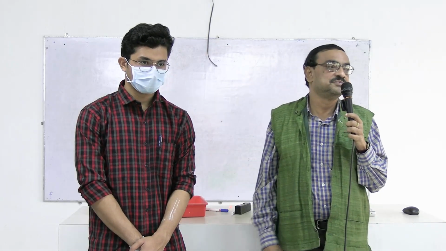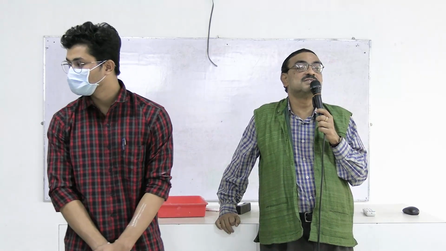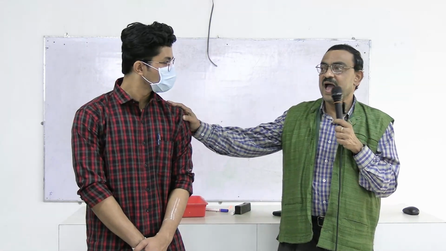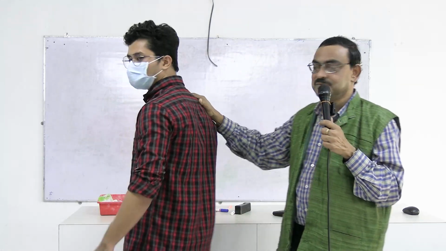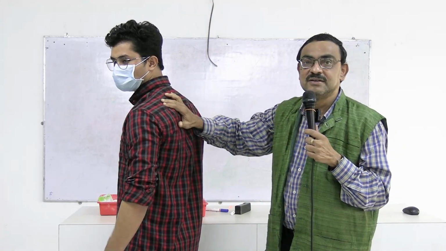Now, tell me the first point. The first point, number 1 point: angle of the acromion process. I will show you how to do it and you will practice it.